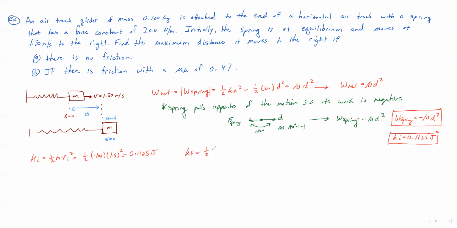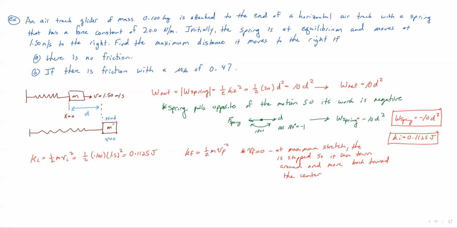Kf is 1/2 m vf squared. Now, vf is going to be 0, as I said before, because at maximum stretch the cart is stopped so it can turn around and move back toward the center.